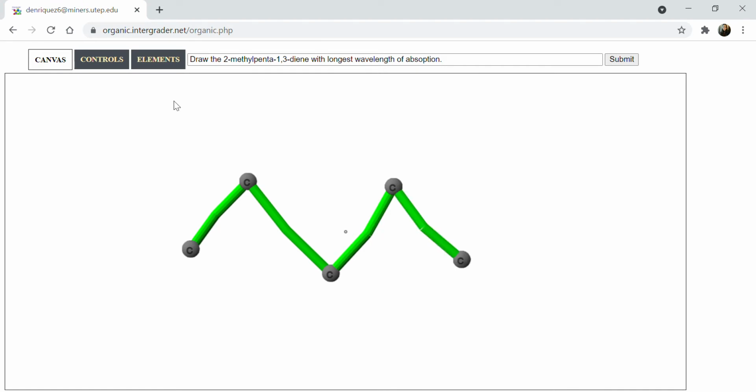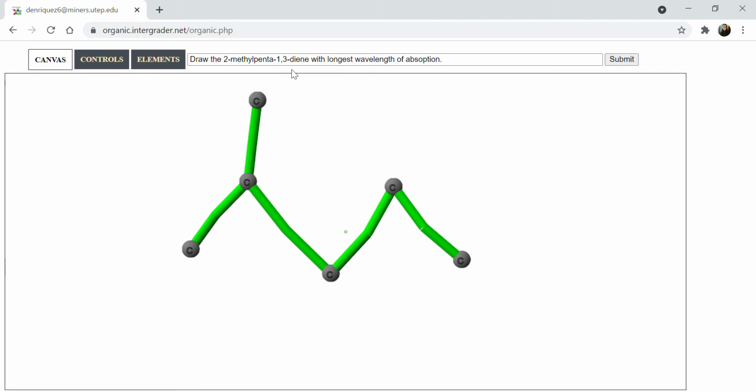And then when we have no absorption above 200, so a small amount of absorption, it means it's isolated. But when we see here the longest wavelength of absorption, this actually means we have a conjugated molecule. So let's start by drawing what we know: penta, 5 carbons, 1, 2, 3, 4, 5, and then I'll add my methyl to the 2 position, and then I'll put my double bonds.